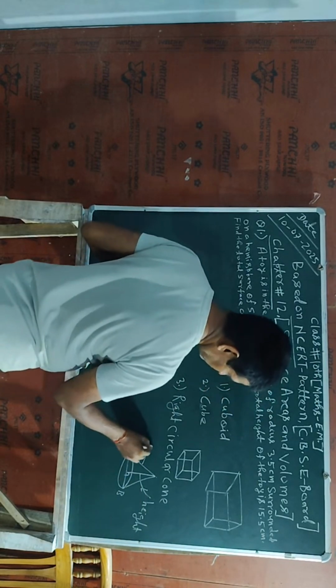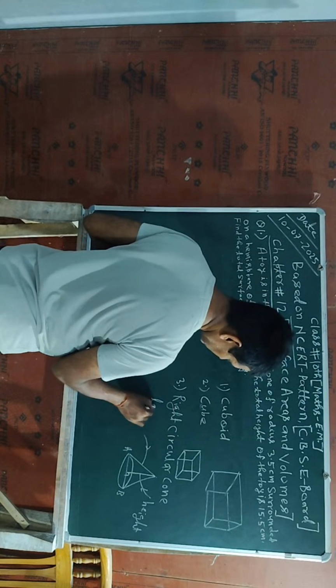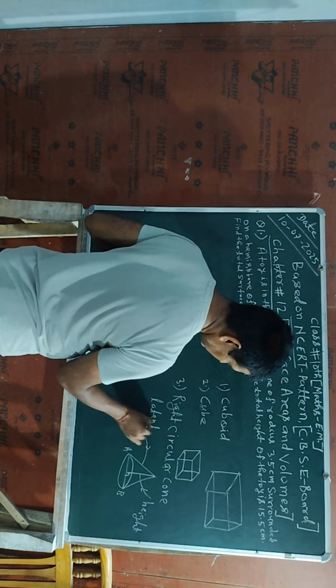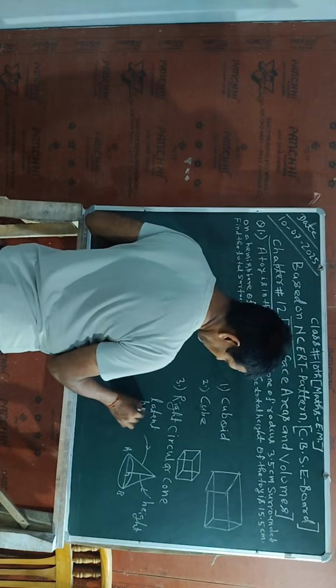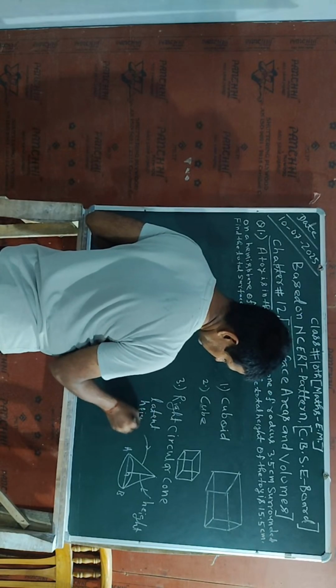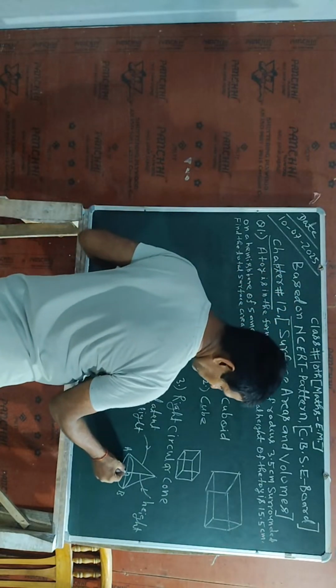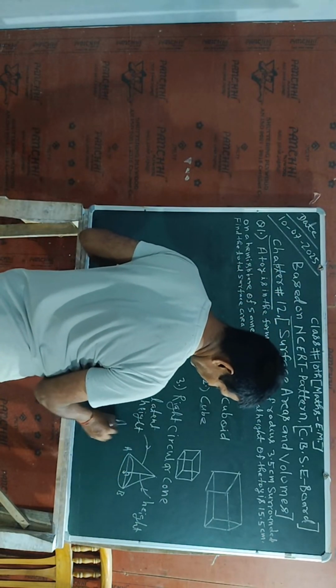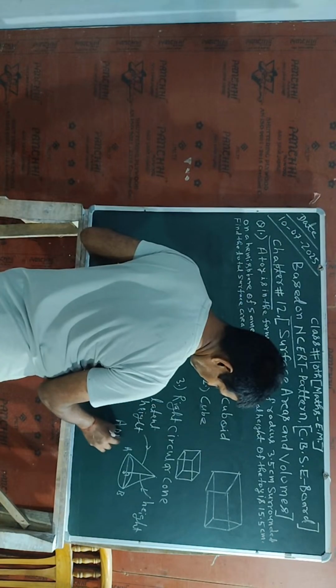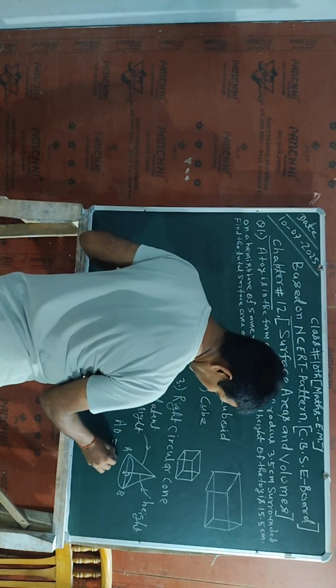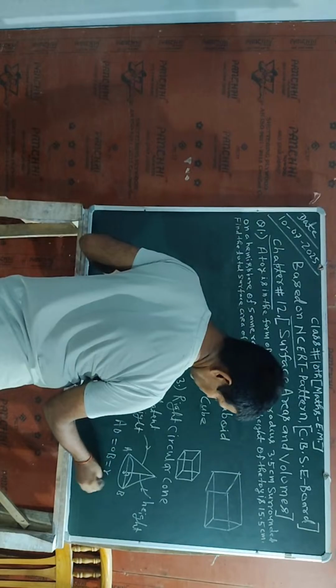And this slant length I will say is the slant height of the cone. And this point, suppose I say this is O, so OA is equal to OB, and its meaning will be the radius.